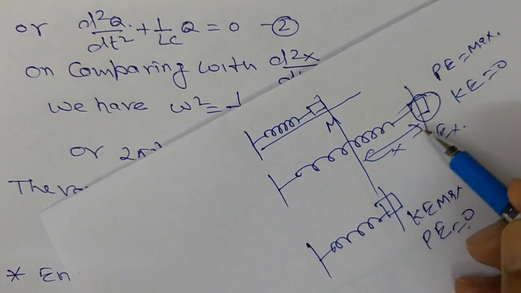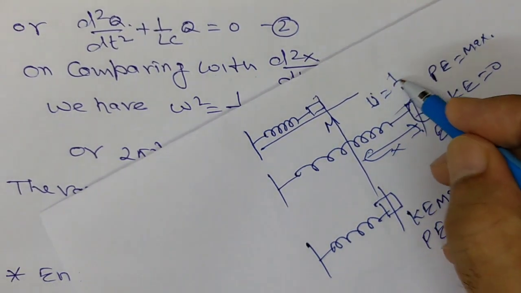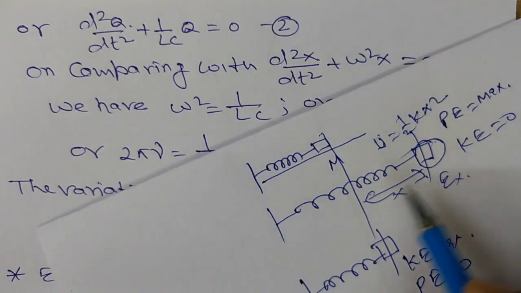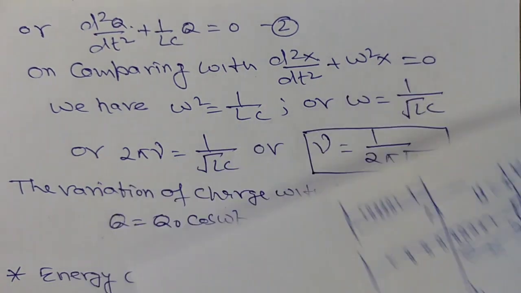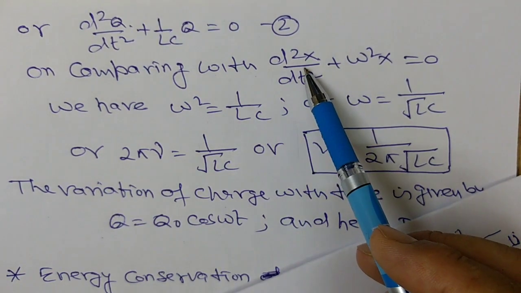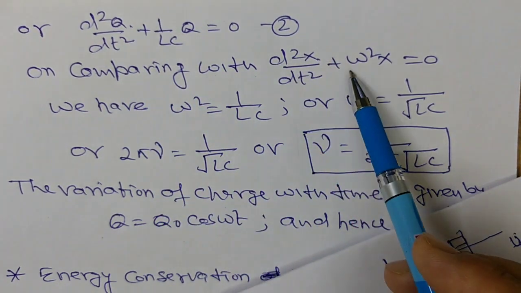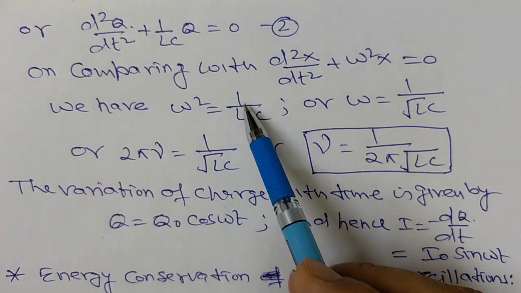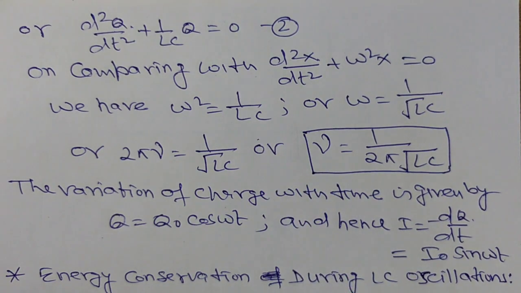This displacement, as you know, energy stored by the spring is half kx², right? And the differential equation of simple harmonic motion is this. Therefore, on comparing this equation with d²x/dt² + ω²x, we get ω² = 1/LC, or ω = 1/√LC.